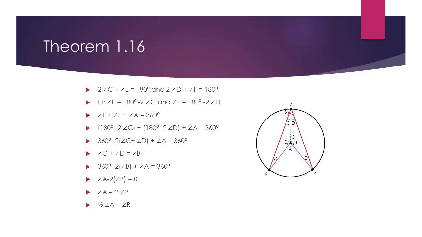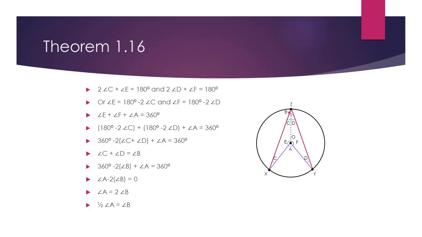So we labeled the corresponding base angles of the triangles as equal to each other. As you can see, we have angle C and angle C, and for the other triangle, we have angle D and angle D. And we labeled the other angle of each triangle as angle E and angle F.